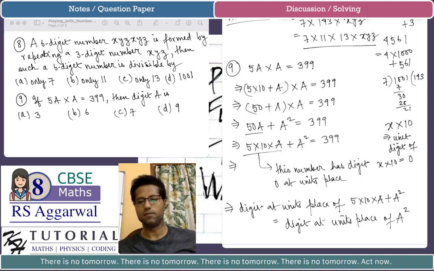So when it is added with a square, the result will have the digit at the units place based on the digit at the units place of a square.